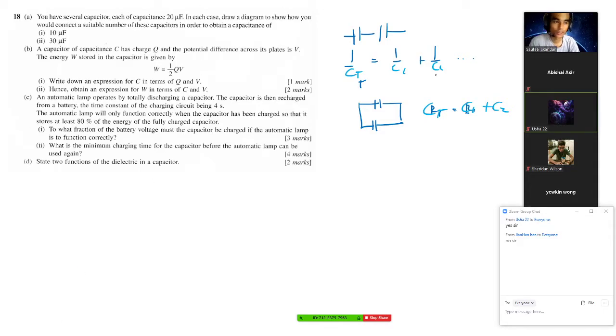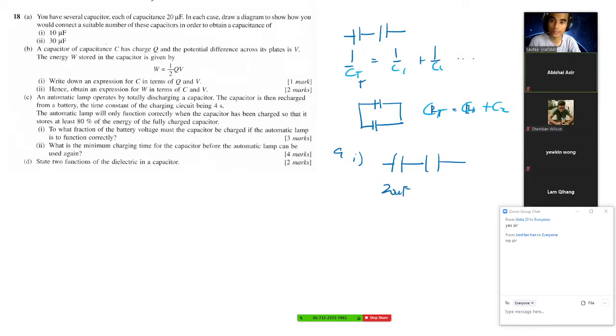Okay, so we have two ways of connecting capacitors. The answer for the first will be in series. Capacitors with 20 microfarad, using only 20 microfarad, and one more using 20 microfarad.